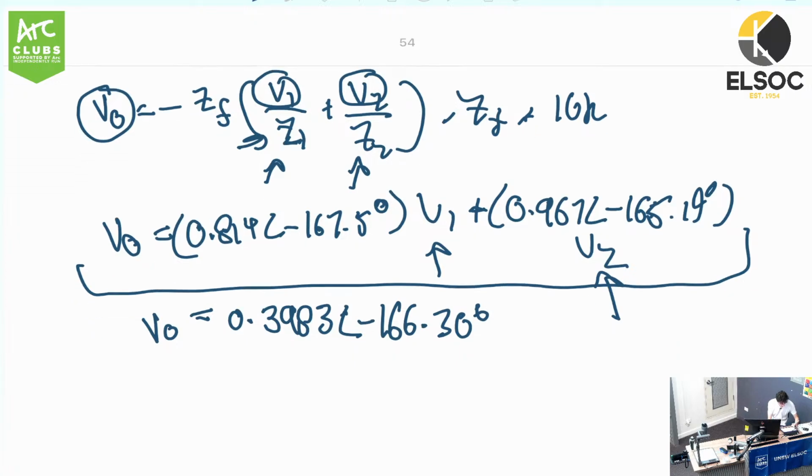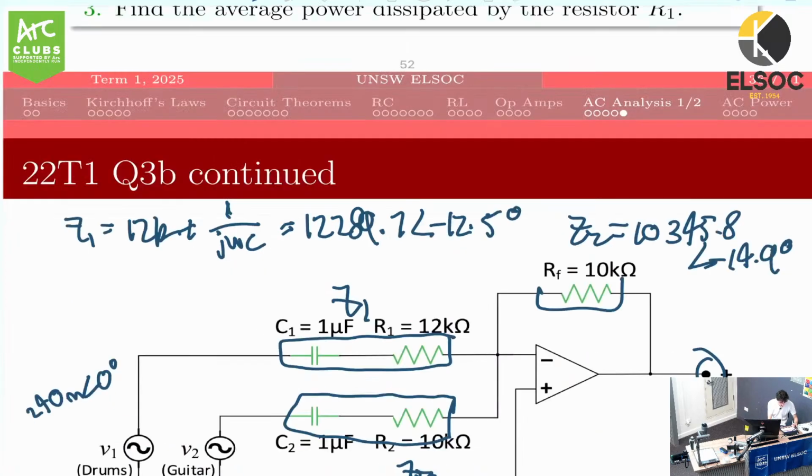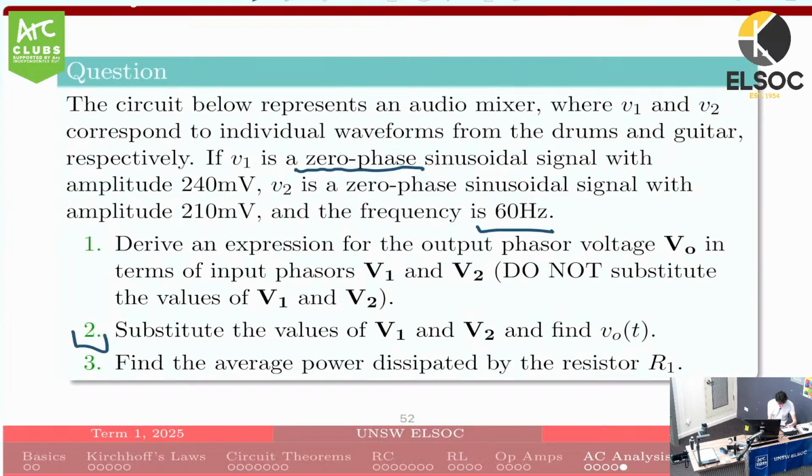The question asks us to show it in the time domain, so not as a phasor.